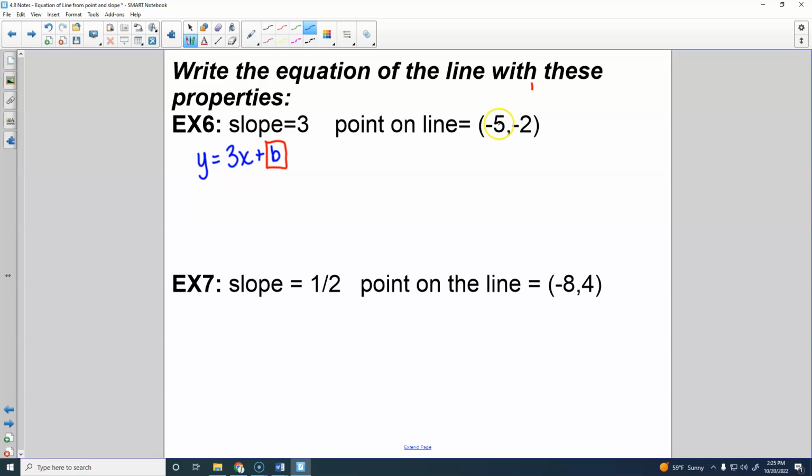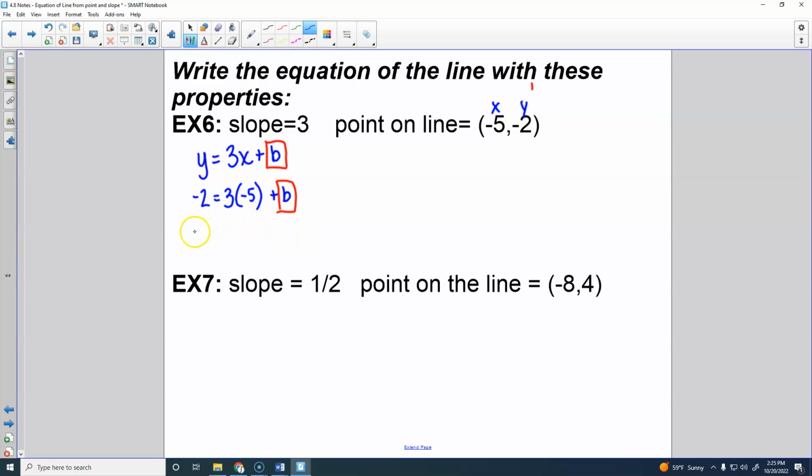So I know that -5 is my x-coordinate, -2 is my y-coordinate. I can plug them into this equation, right? So y would be -2, x would be -5, okay?